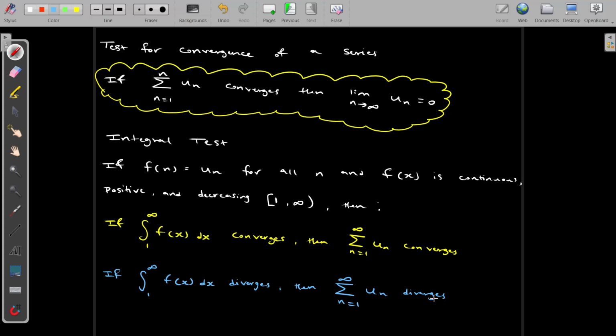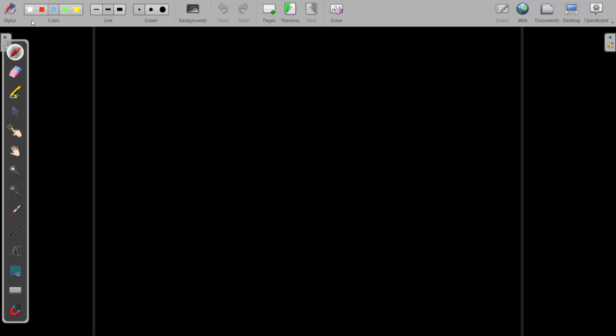Alright, so we want to look at how this is actually applied using the integral test. So show that the series diverges.